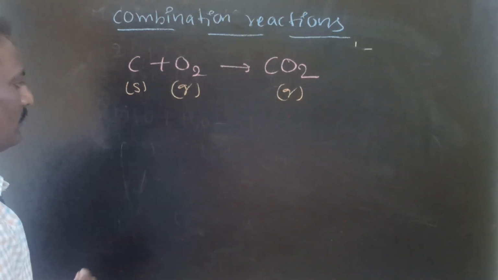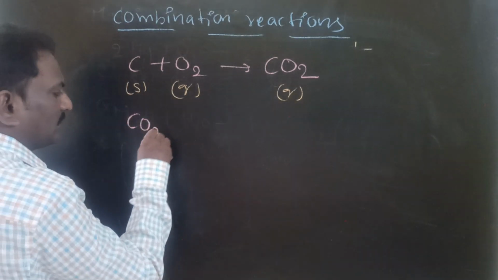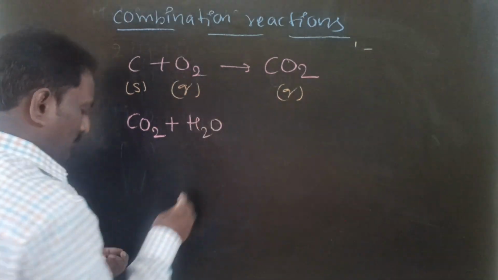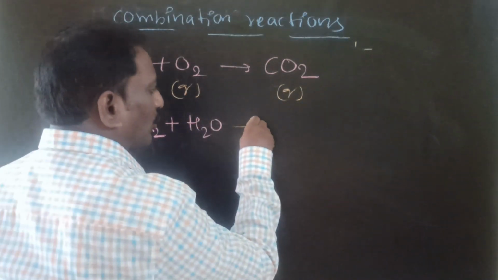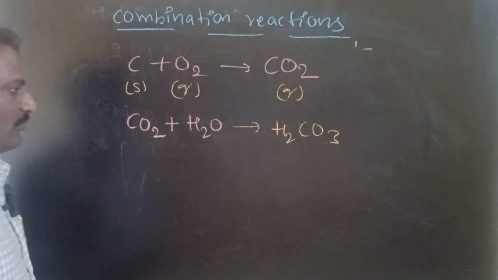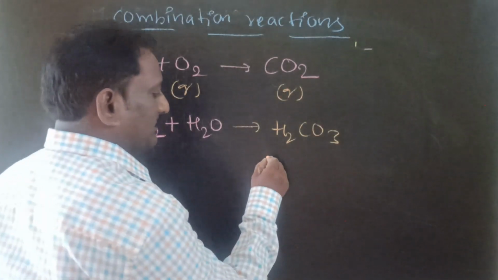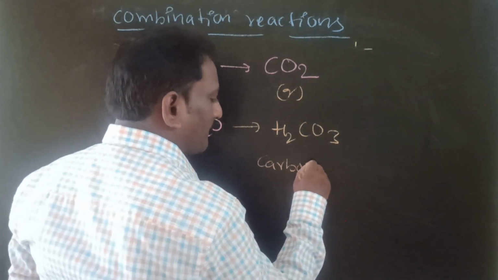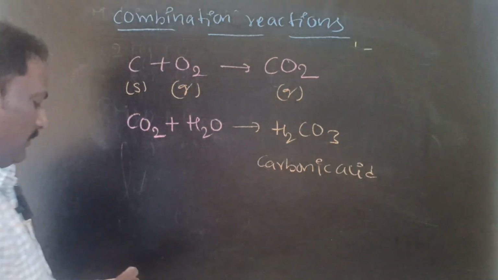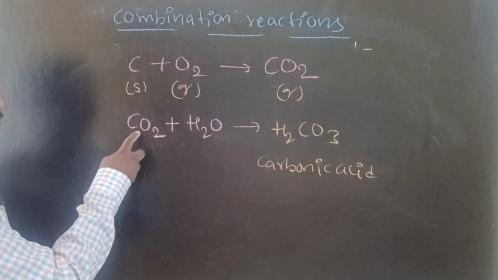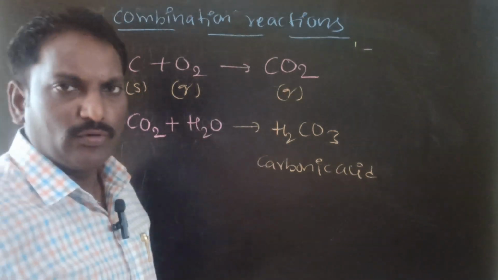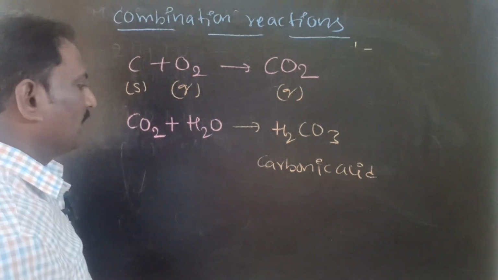Next one. Carbon dioxide dissolved in water under high pressure gives carbonic acid, H2CO3. Please make a note of it. This is a combination reaction. Two reactants are involved in the reaction and you will get only one product, carbonic acid.